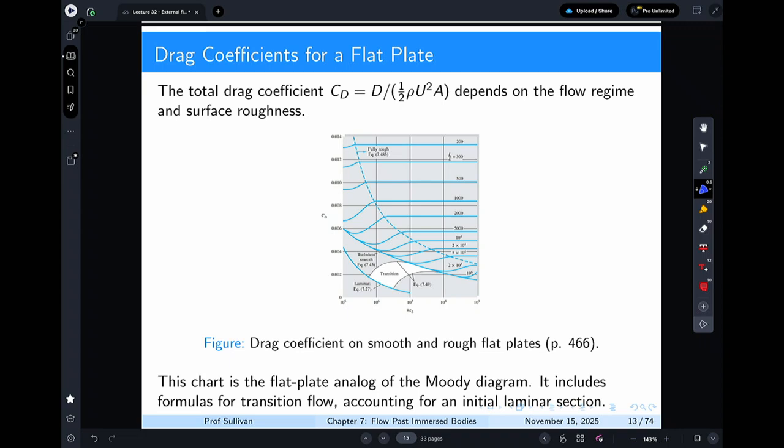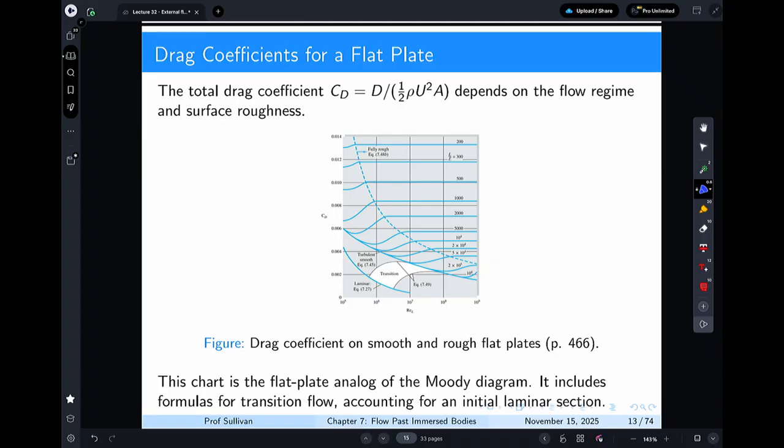Again, you're going to use a lot of charts. And you can see that this chart has a behavior that is awful similar to what you saw in the Moody diagram. You have a smooth section over here, which is equation 7.27. You have a transition zone, which we generally ignore.